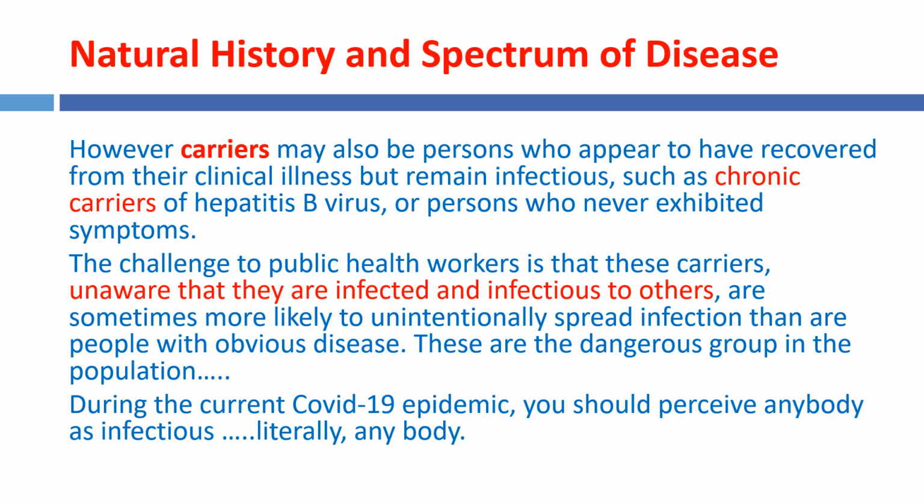So, for example, during the current COVID-19 epidemic, you should perceive anybody in front of you that you deal with as infectious, even your own family, literally anybody, or that you may be infectious and you should protect others.